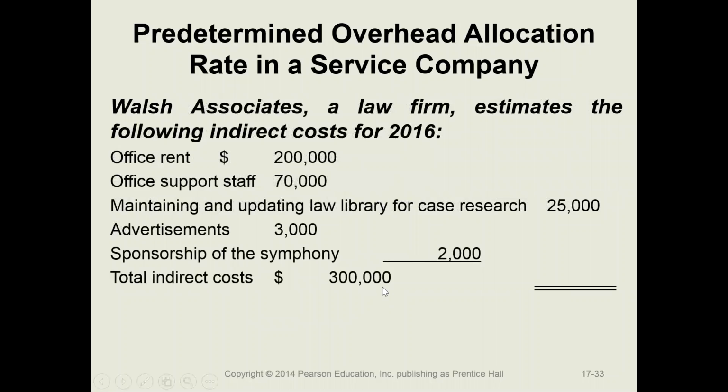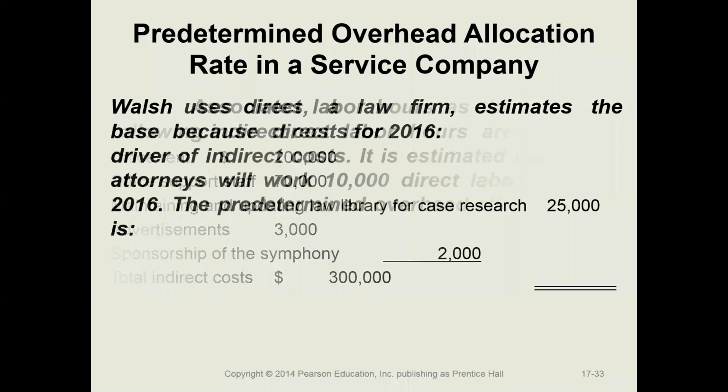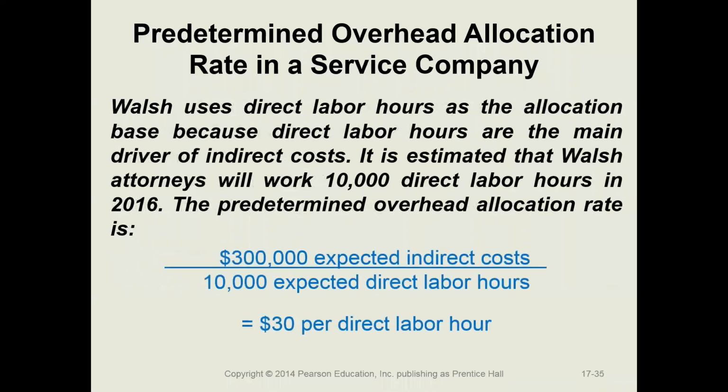Those are again all the overhead costs that need to be spread out or allocated to jobs, divided by the base. In this case, they're using direct labor hours as the base. So the 10,000 estimated direct labor hours. So you see that result is $30 per direct labor hour.